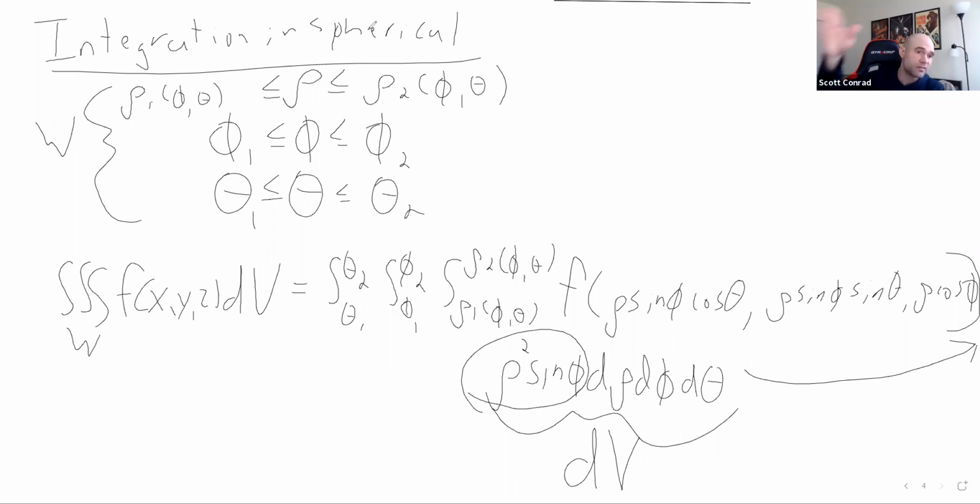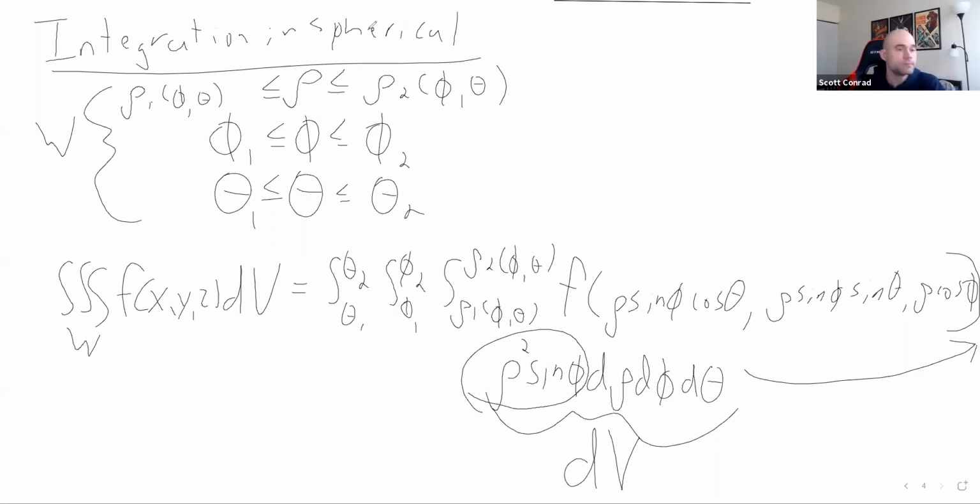In spherical, it's rho squared sine phi d rho d phi d theta. So it works exactly like integration in all the other coordinate systems, but dv is rho squared sine phi d rho d phi d theta.